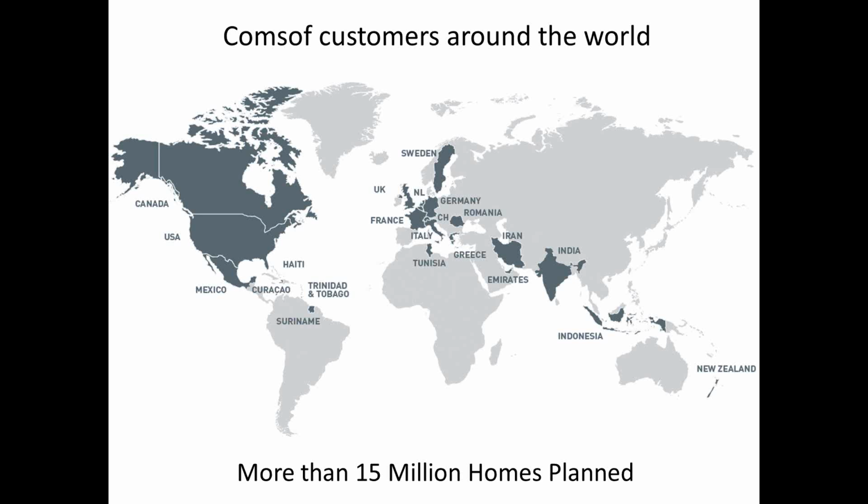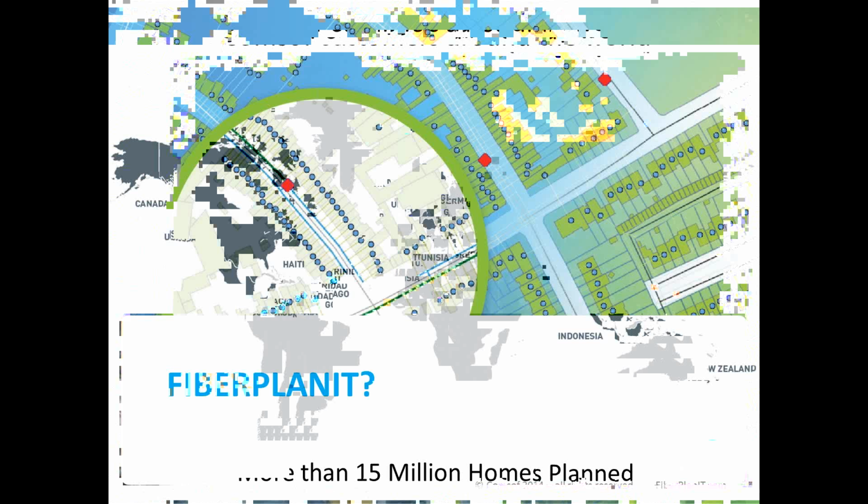So the solution is already very proven in the market. Here you see also a couple of names from different customers, including some operators, consultants who are using the software for their own projects and services, as well as equipment vendors, and also some construction companies who are doing detailed design for operators.